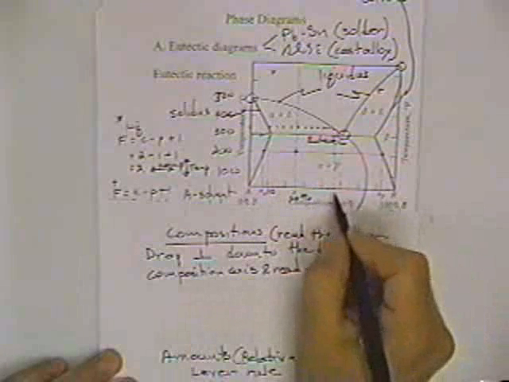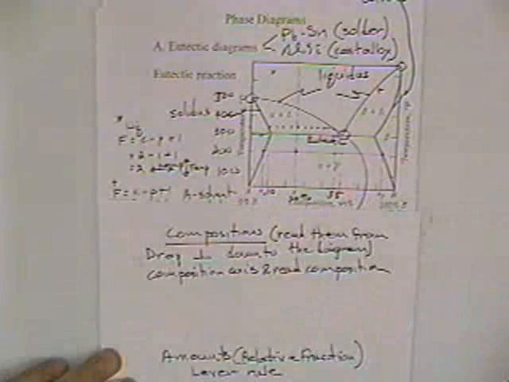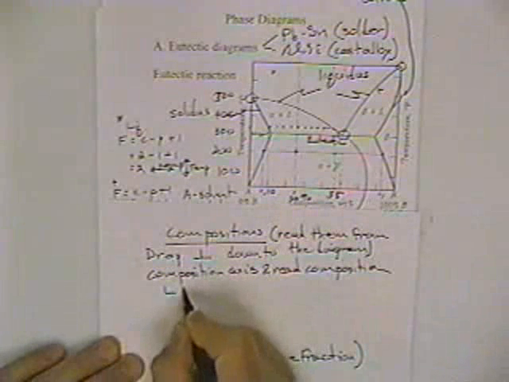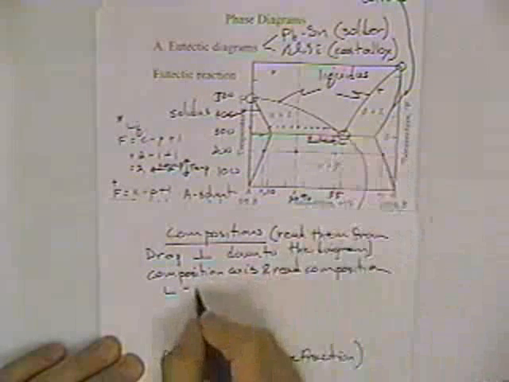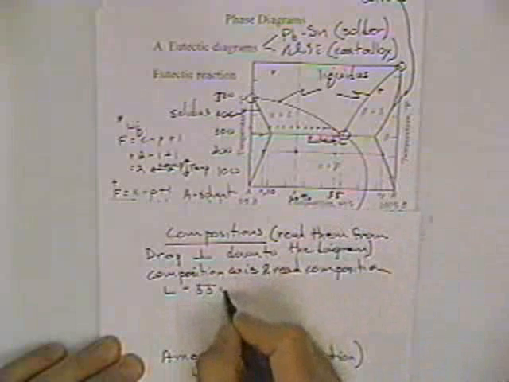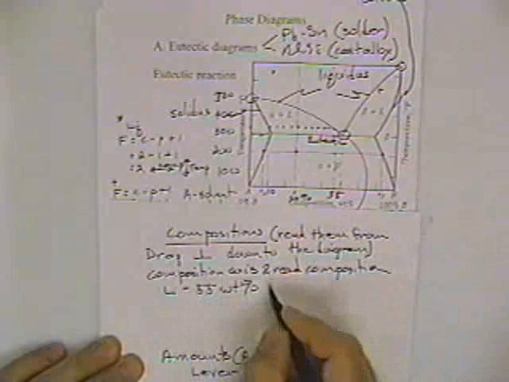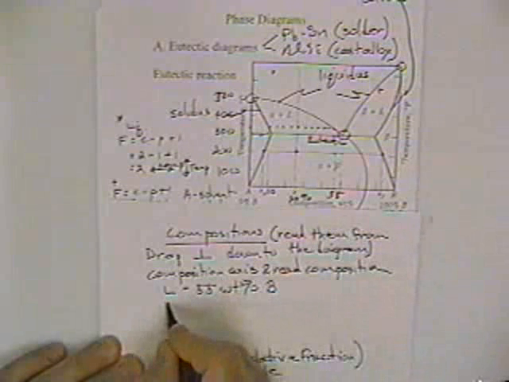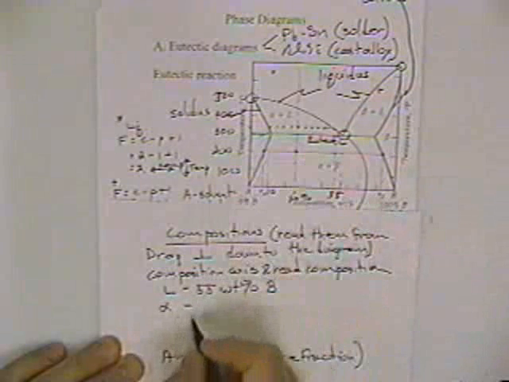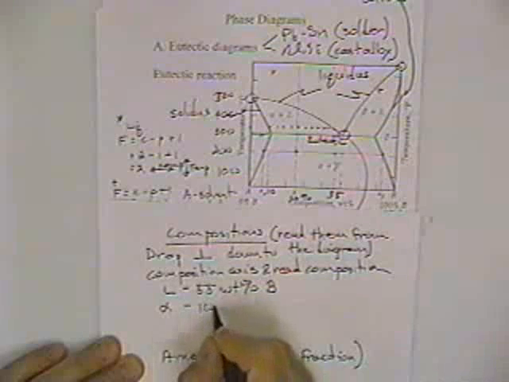And this one, if this was 60, looks like maybe it is 55%. So the composition of the liquid would be 55 weight percent B. The composition of the solid alpha would be a lot less, 10 weight percent B.